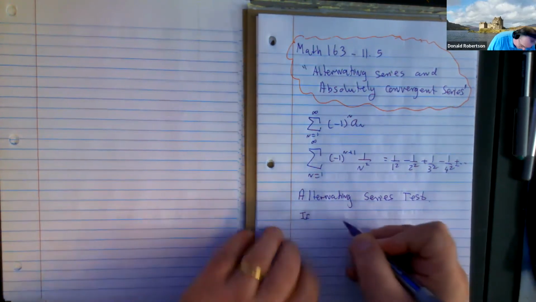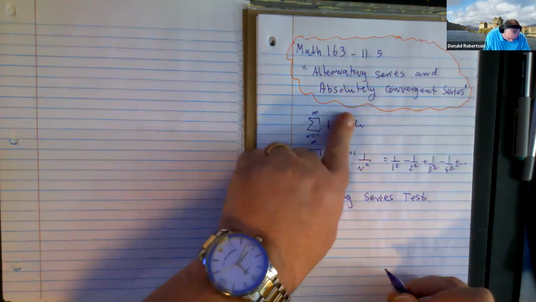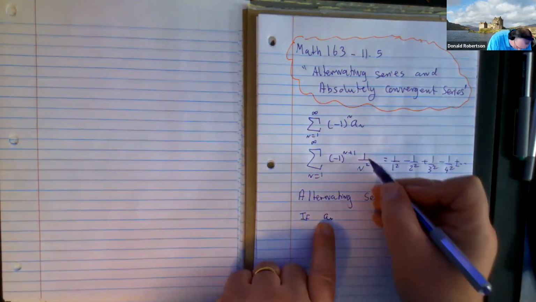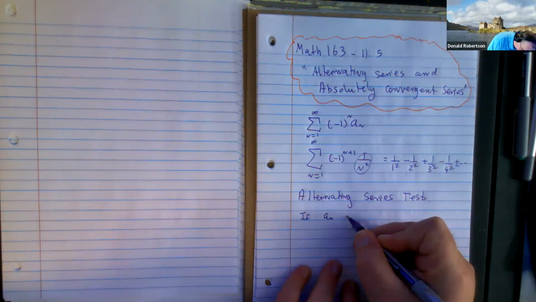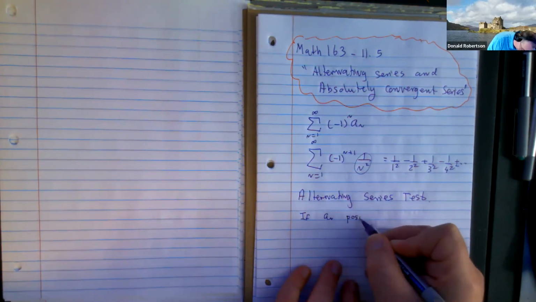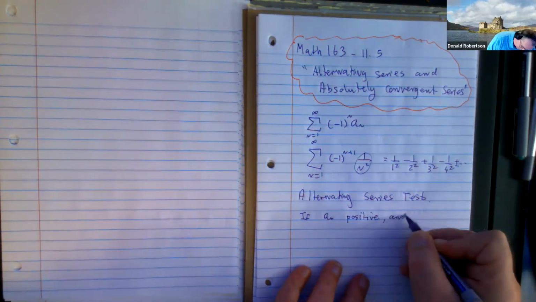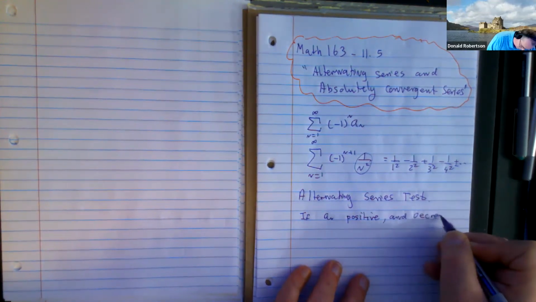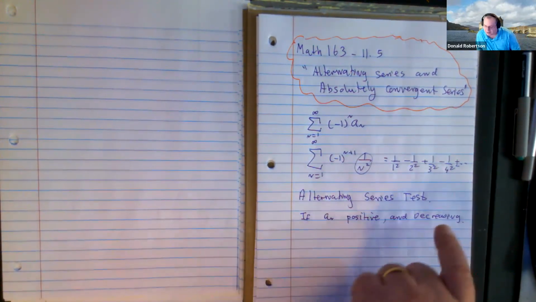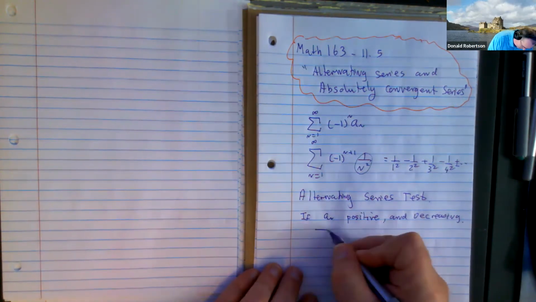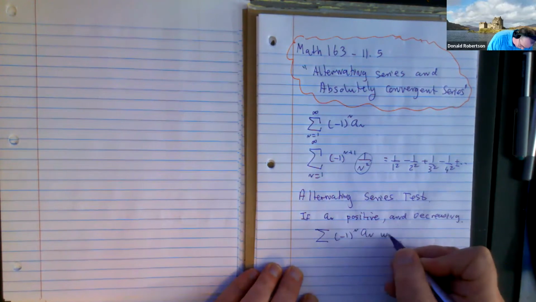If the individual terms, the little b_n's, not the sum, not the (-1), just the little b_n's, so in this case, it would be that guy there, are positive and decreasing, then the alternating series will converge.